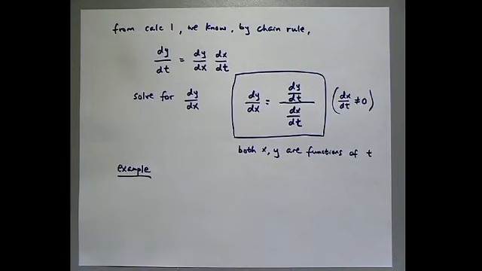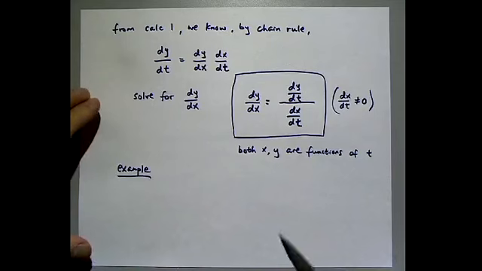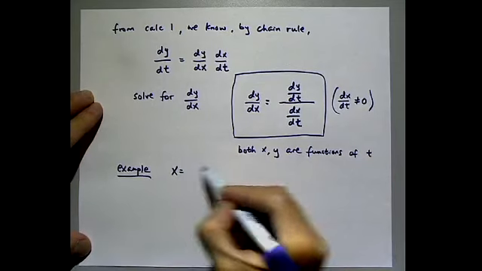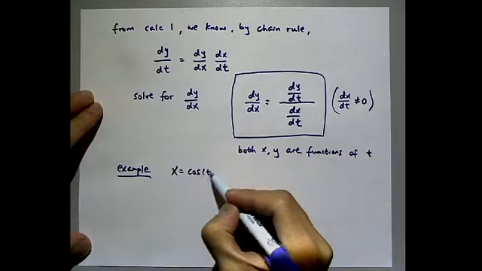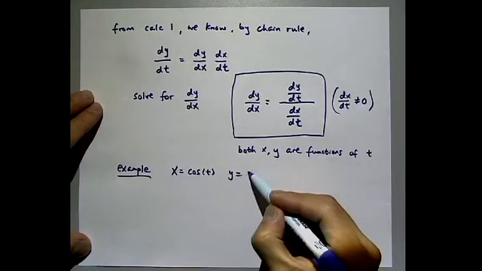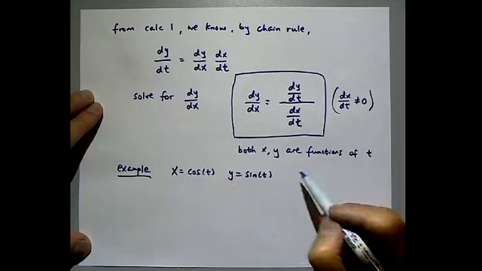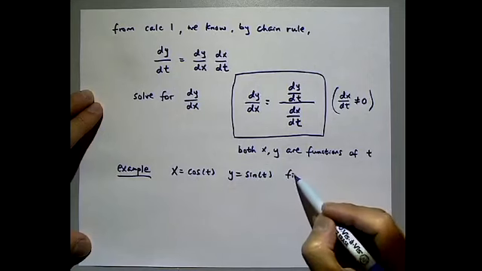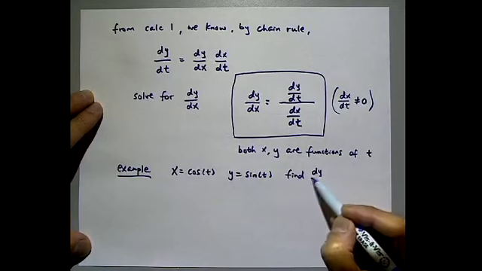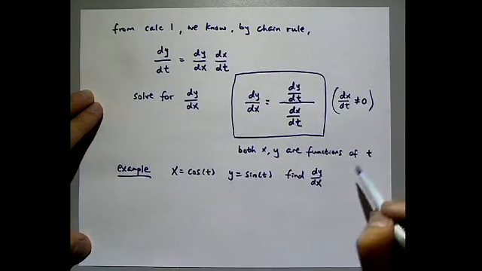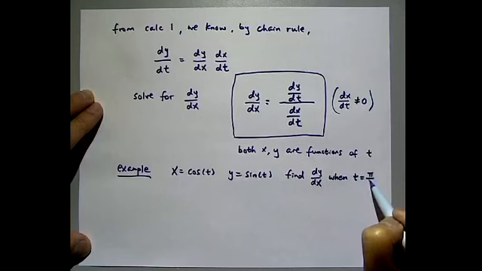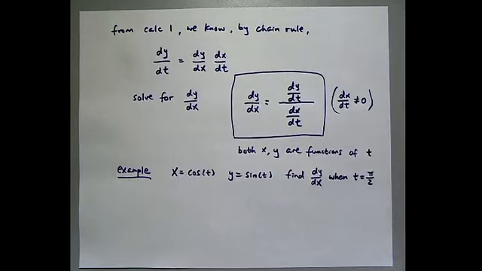Okay, so a simple example. Let's look at a circle with a radius of 1. Let's find the slope of the tangent line when t is equal to pi over 2.